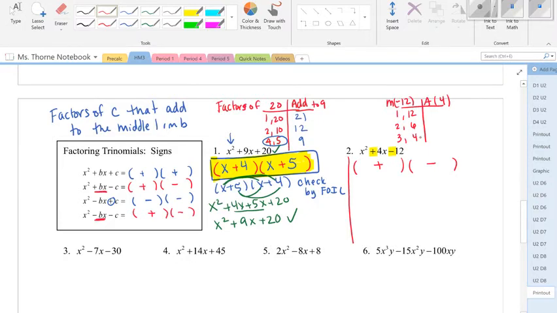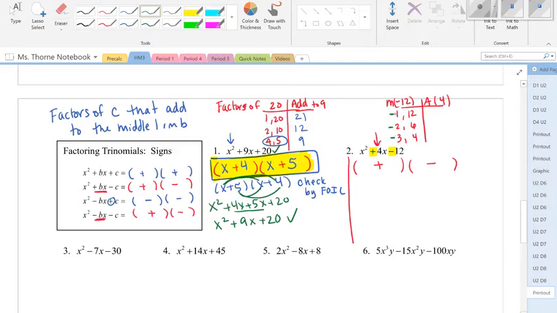So how do I know which one's going to be the positive and which one's going to be the negative? Well, looking here, notice that we have 4 is the positive as our middle term. So that means the larger number has to be positive and the smaller number is going to be negative. So that means this should be negative, this should be negative, and this should be negative. And if we add those together, we're looking for 4.